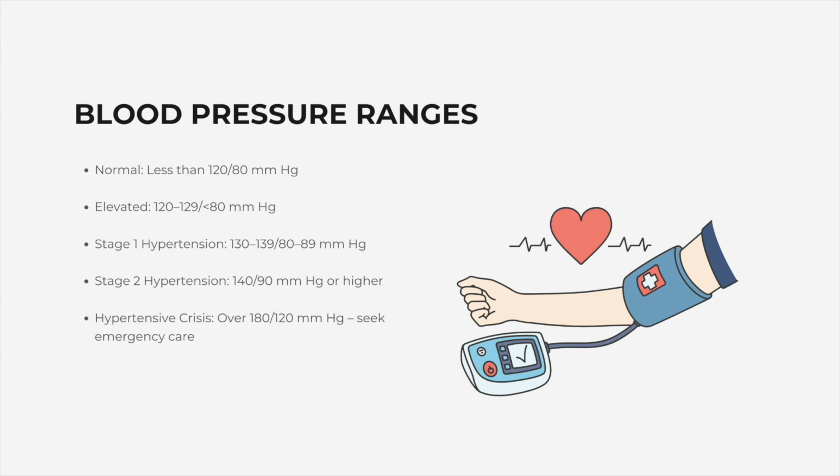Stage 1 hypertension is when your blood pressure is between 130 to 139 systolic over 80 to 89 millimeters of mercury. And stage 2 hypertension is if your blood pressure is 140 over 90 or higher. And a hypertensive crisis would occur if your blood pressure reading is 180 over 120 or higher, and this requires immediate medical attention.